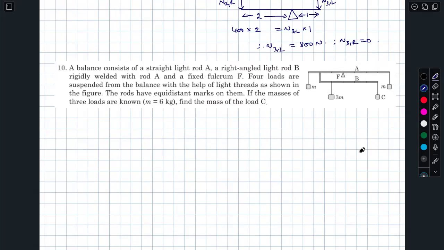A balance consists of a straight line rod, a right angled, okay, 4 loads, fine.